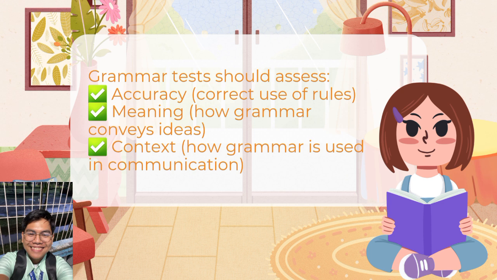And this is very important because we're able to see the creativity of our students in how they use sentences or how they convey ideas through writing or speaking. And lastly, context, how grammar is used in communication.